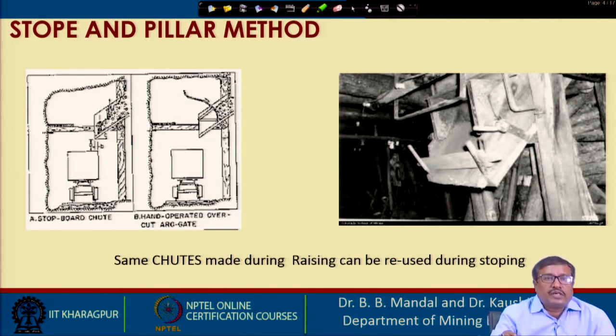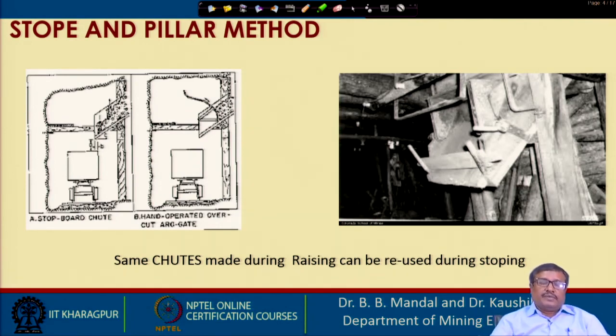These chutes are to be made so that they can be reused during stoping. If properly made, this will also keep the entire roadway or the haulage drive free of any obstacles, and these wooden chutes can be reused when you go for stoping. These things are the preparatory part.